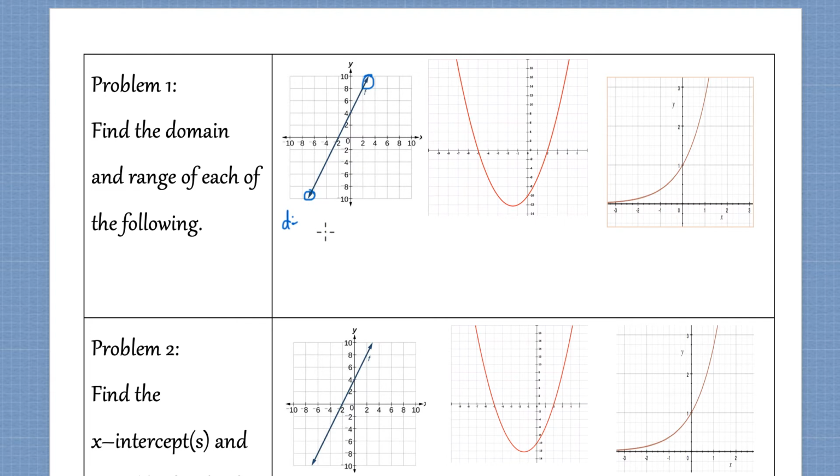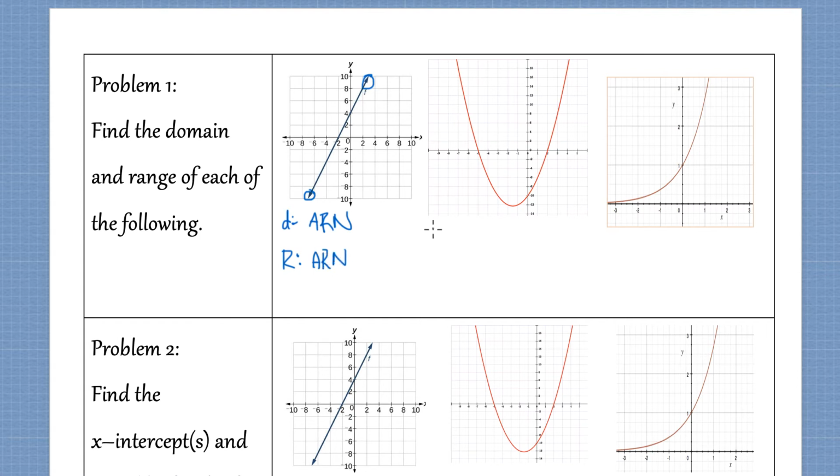And so for that reason, our domain is ARN, or all real numbers, as we talked about in our last video. And the range of these, it's the same thing. You can see through these arrows that at some point our function is going to cross every y value. And so the range for this is also all real numbers.